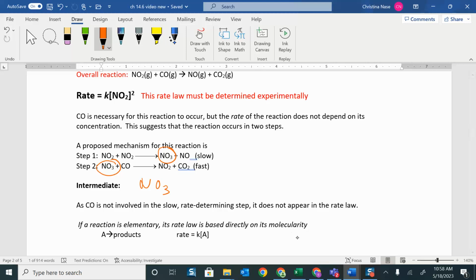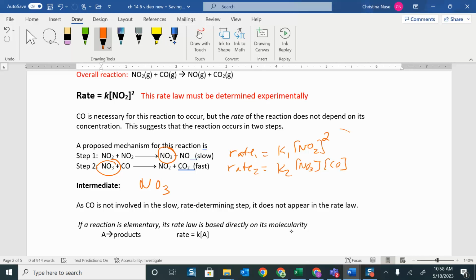So for this first one, rate 1 is just going to be, I'm going to call this k1, the first rate constant, times NO2 times NO2, which is just NO2 squared. And then for the second one, rate 2 would be k2 times NO3 times CO.